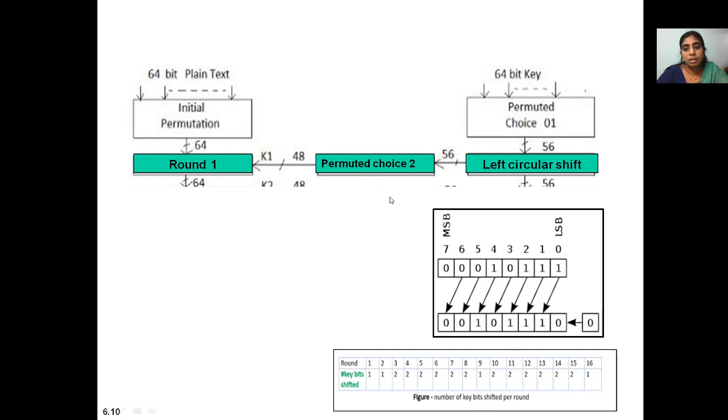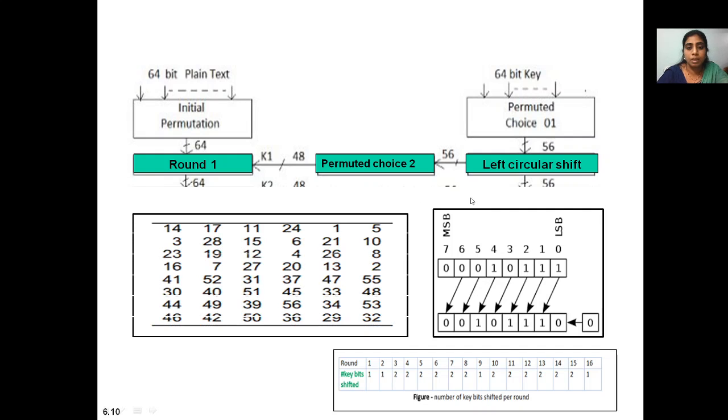Once you have done the left circular shift, we get the output as 56 bits. These 56 bits are given to permuted choice 2.